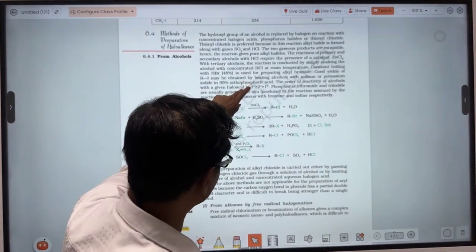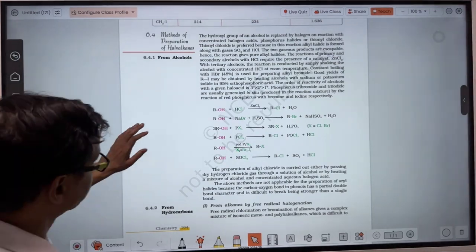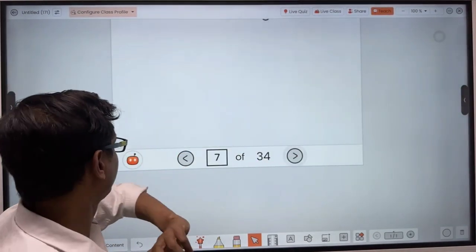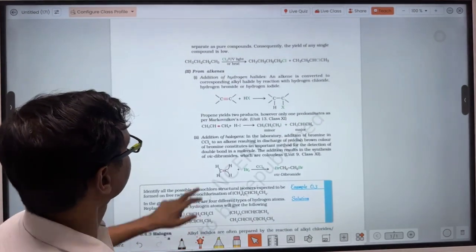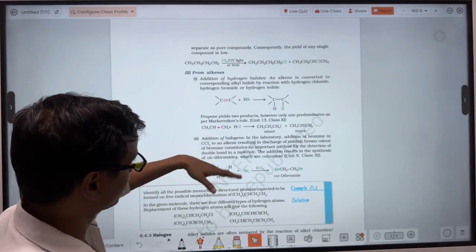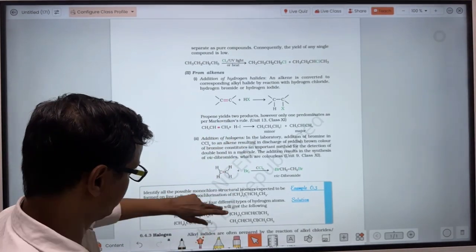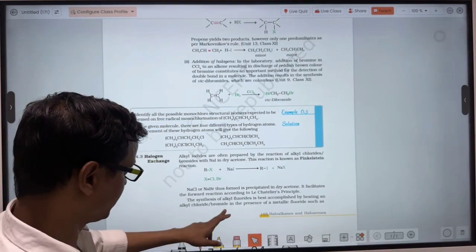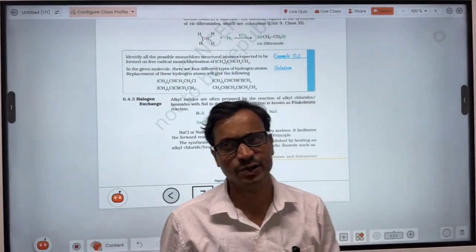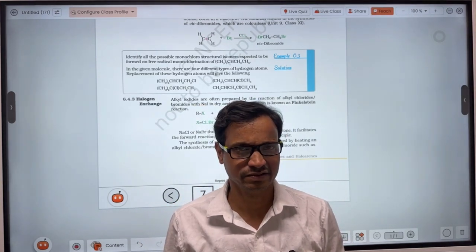Now let's see about this compound, the methods of preparation. There are various methods of preparation. First one is from alcohol, then from hydrocarbon, where in hydrocarbon there is alkane and also alkyne. About alkyne, it is not given here. Then addition of halogen, then halogen exchange. In halogen exchange, what is that? Preparation of iodoalkane and fluoroalkane is very difficult.